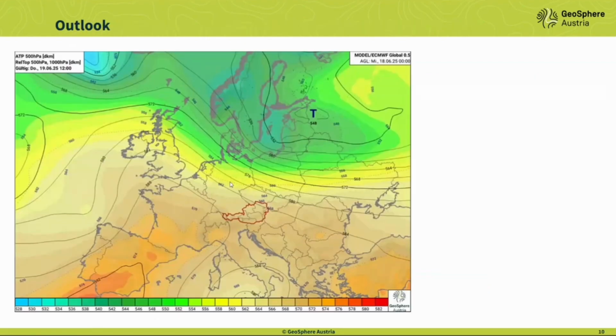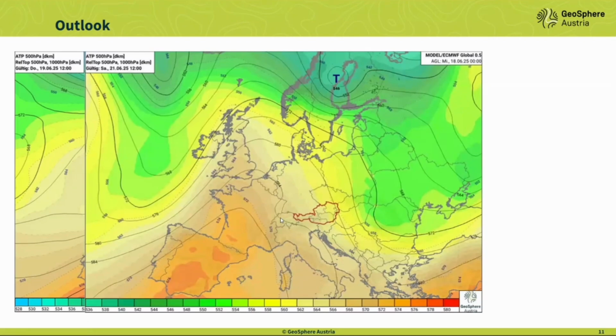So let's jump to the outlook. How will the weather continue during the next days? Tomorrow, Thursday, we still have this pronounced ridge over Western Europe, and there will be no major changes until the weekend. So this is Saturday. Here this trough might probably lead to some more thunderstorms in the afternoon over the Alps.